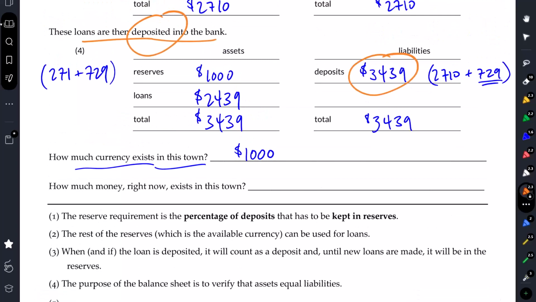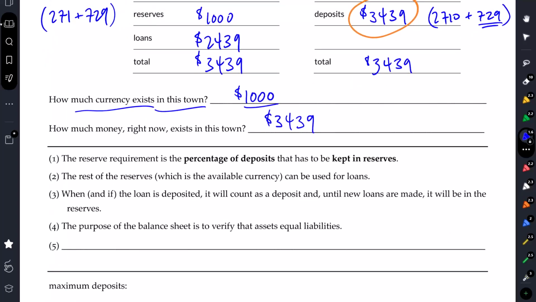So everyone who has money deposited in this bank believes correctly that they have whatever amount of money it is. Money held by the bank as deposits is money. And so right this moment in this town, even though there's only $1,000 in currency, there is $3,439 of money.